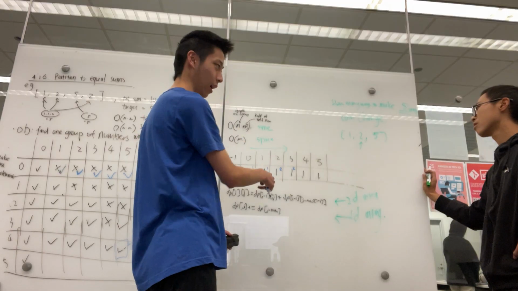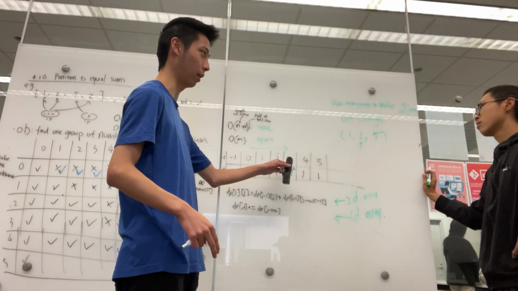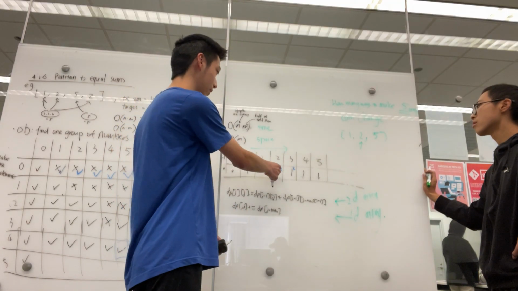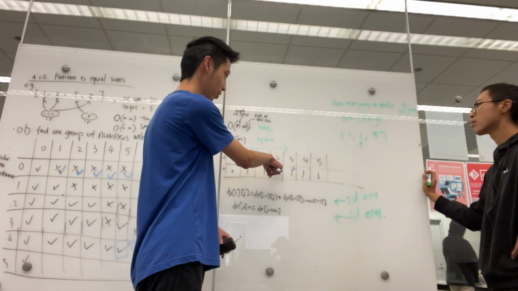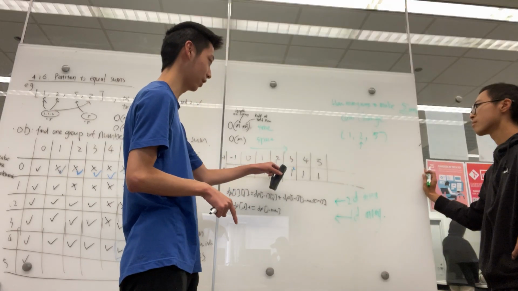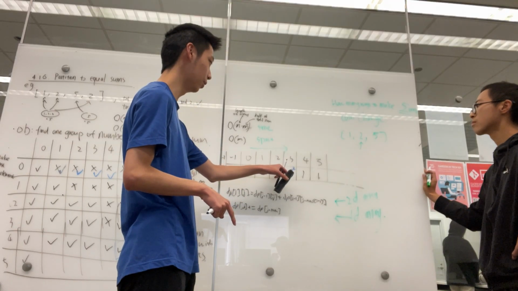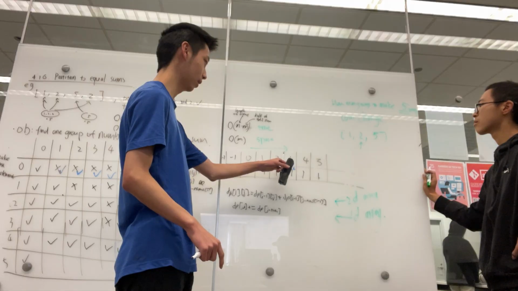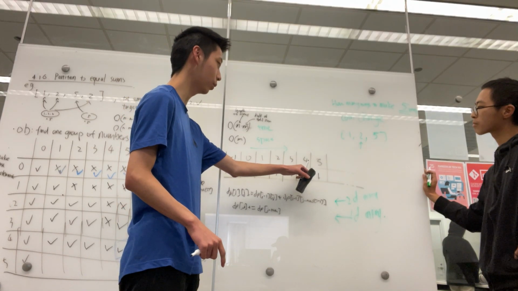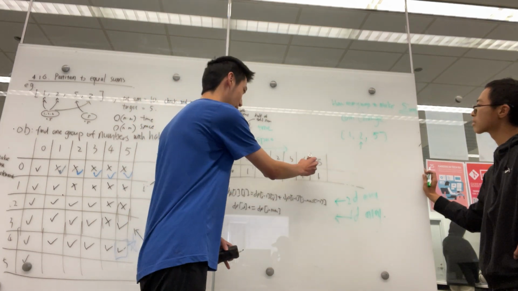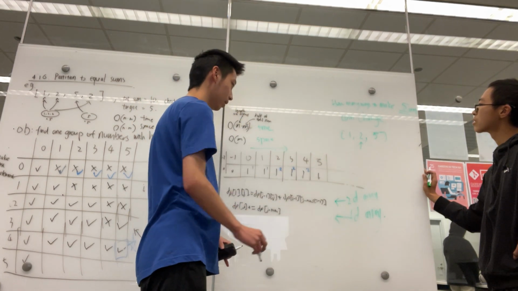I'm writing 2 numbers here right now, but in the actual array there's only 1 value, our updated value, 2. So we add it to this 1 right here, and now it's 3.